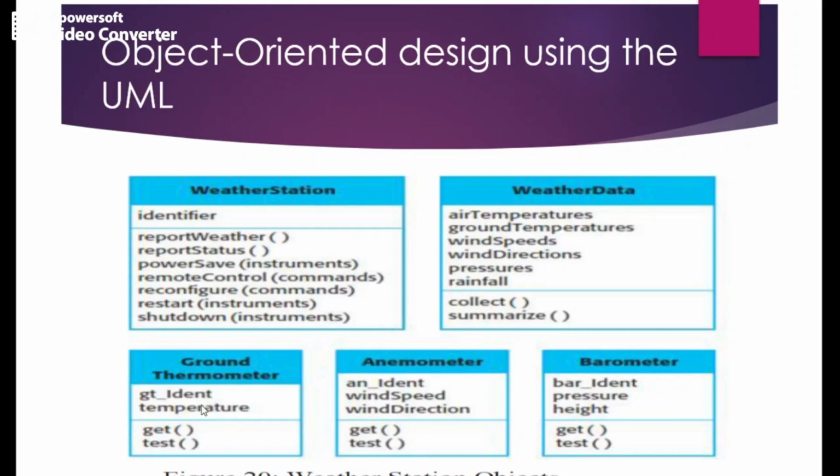The GT ident is again a unique identifier. Methods are get the value, test the value. Anemometer, for wind speed and direction. We are using that instrument. Barometer to measure the pressure and height, we use that instrument.